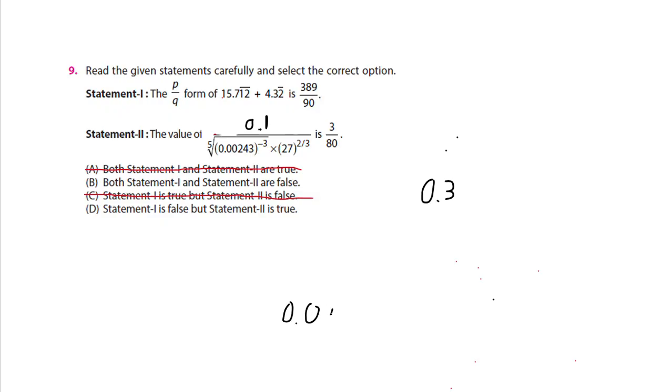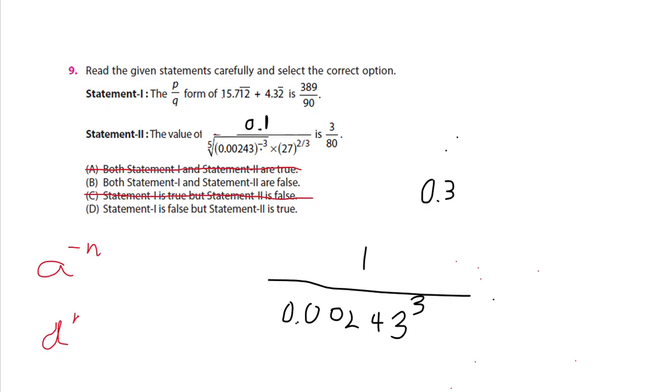Well, if we take this value, in case you didn't observe, there is a negative exponent right here, which makes the whole thing a little bit more complex. It's going to look like this. Because a to the power negative n is 1 divided by a to the power n.